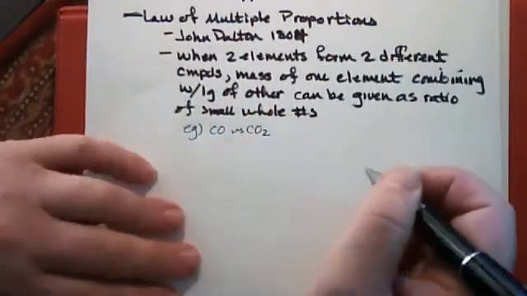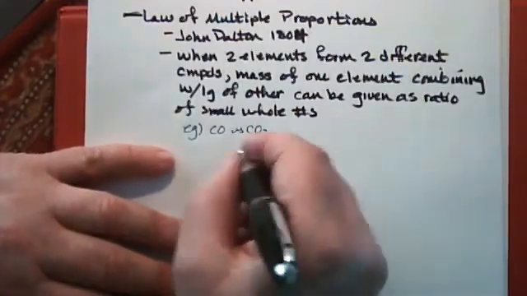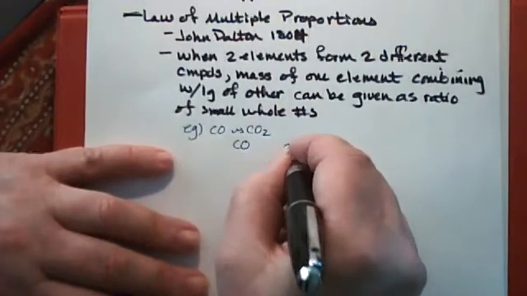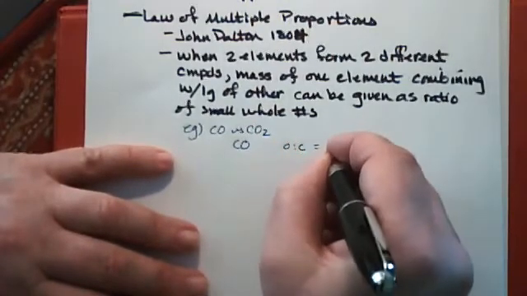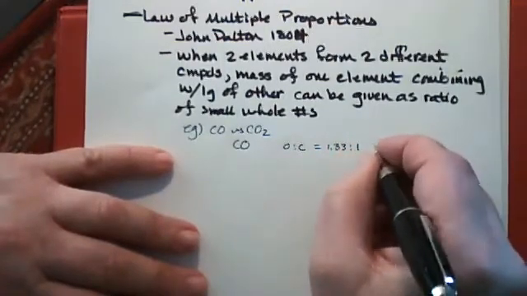carbon monoxide versus carbon dioxide. Okay, so for CO, the ratio of oxygen to carbon is 1.33 to 1 in terms of mass.